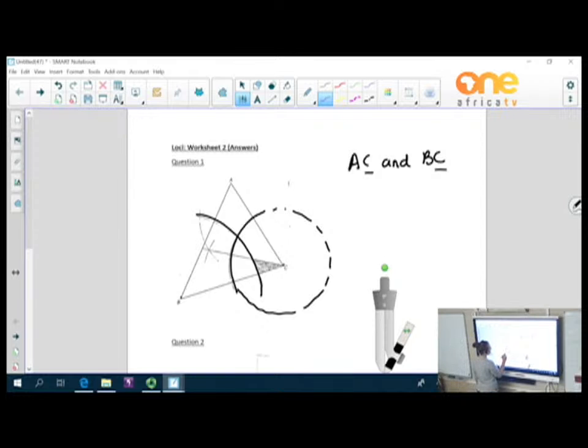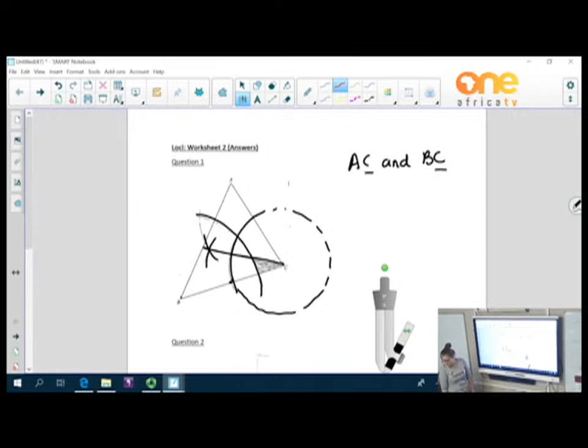And then from this point and this point, you will make your construction lines, and you will draw your line that is equidistant from AC and BC.